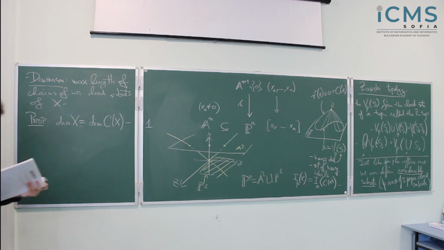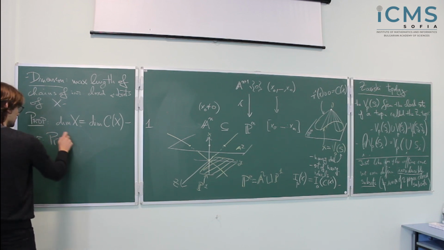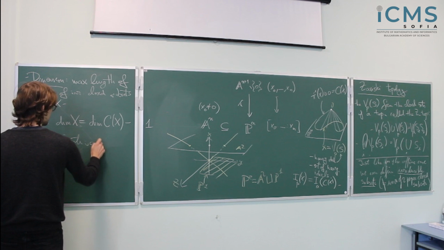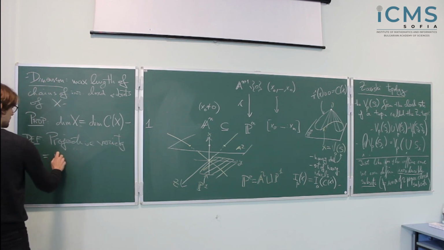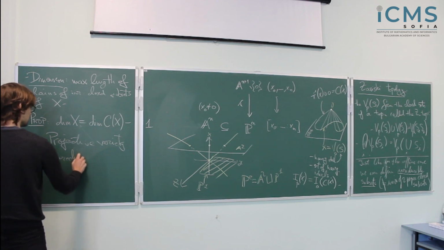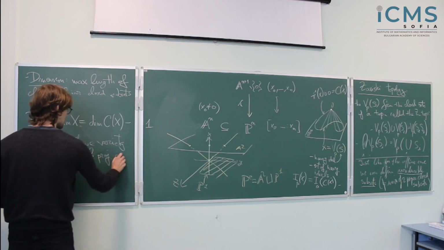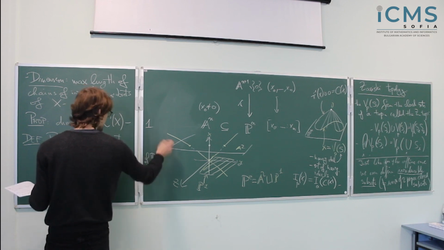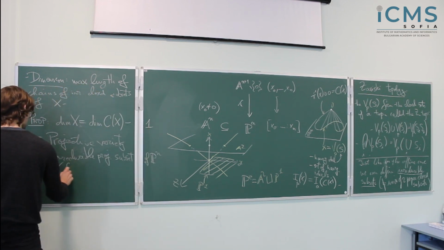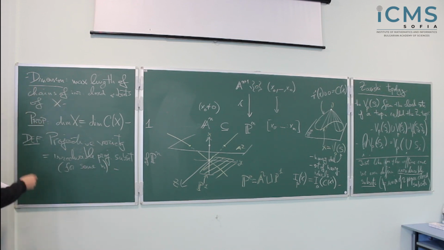Like that. Okay. So, what's a projective variety? Well, a projective variety is just an irreducible projective set, a subset of some P^n.